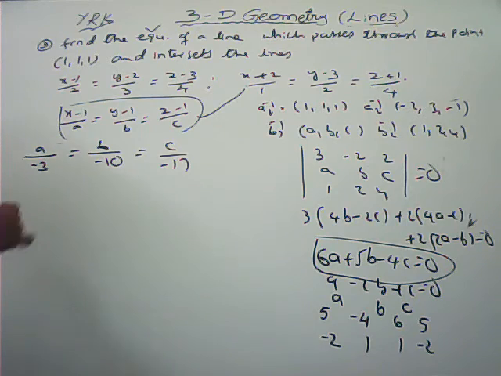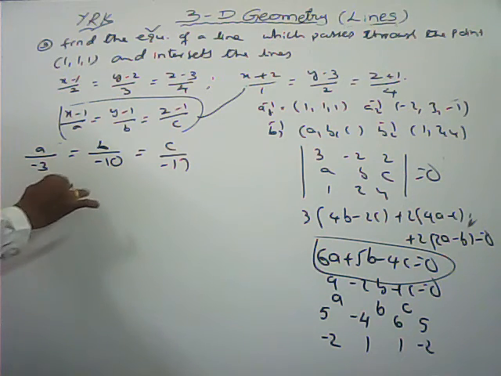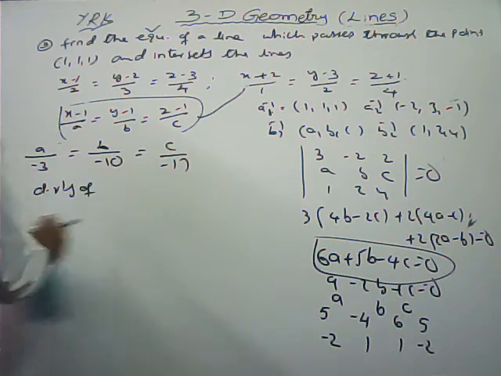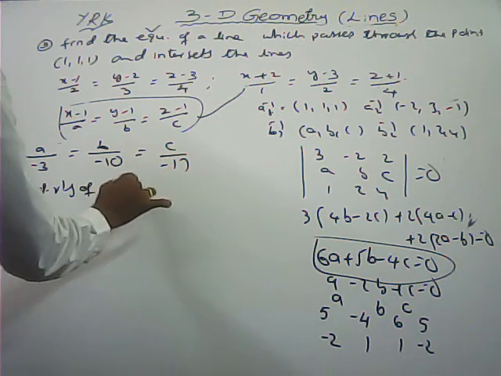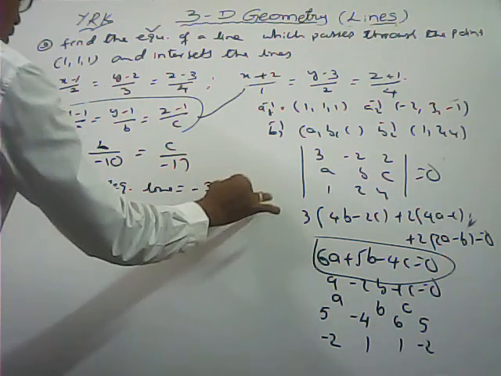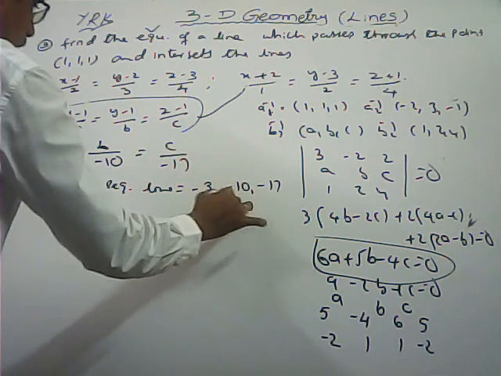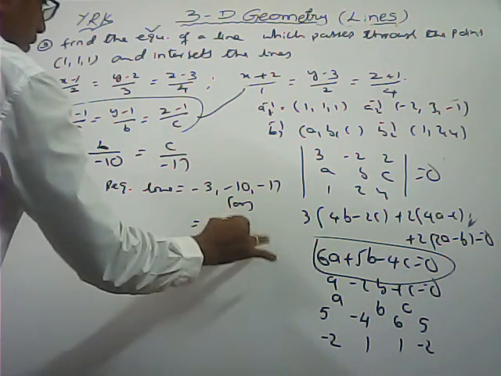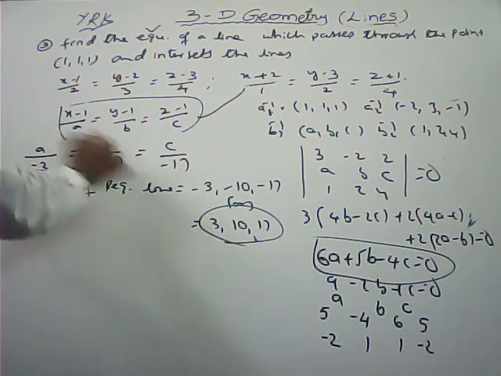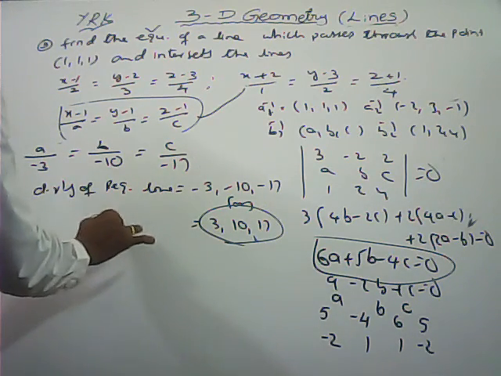So the ds of the required line is minus 3, minus 10, minus 17, or 3, 10, 17 also we can write. And that passes through the point 1, 1, 1.